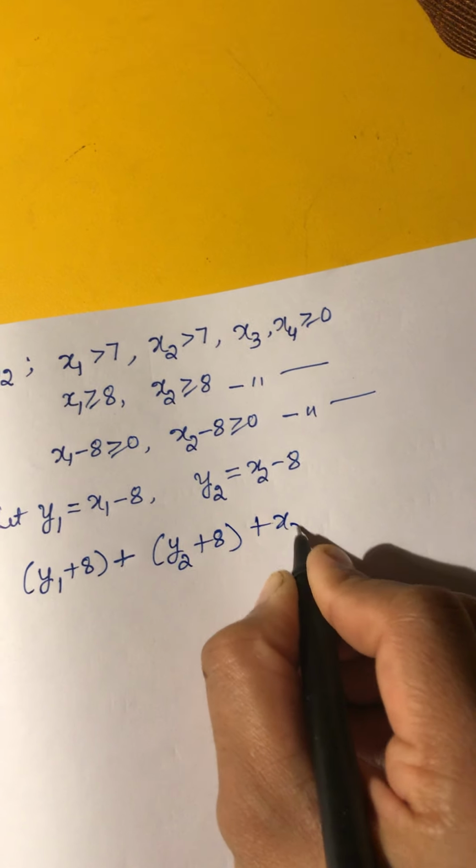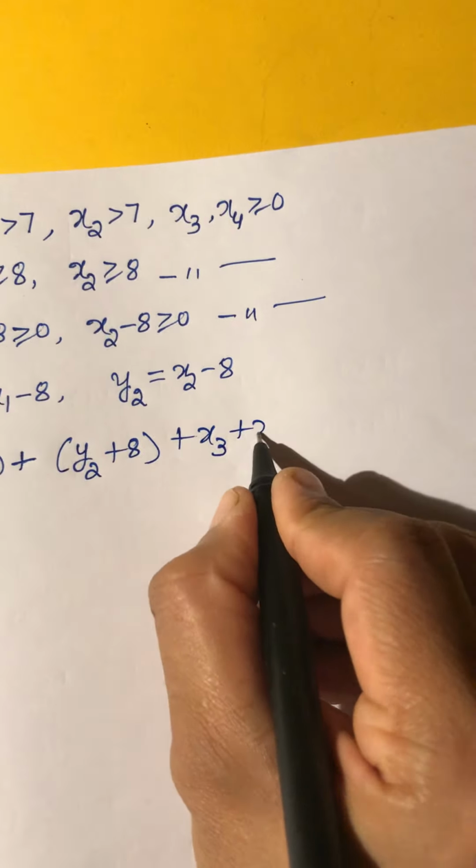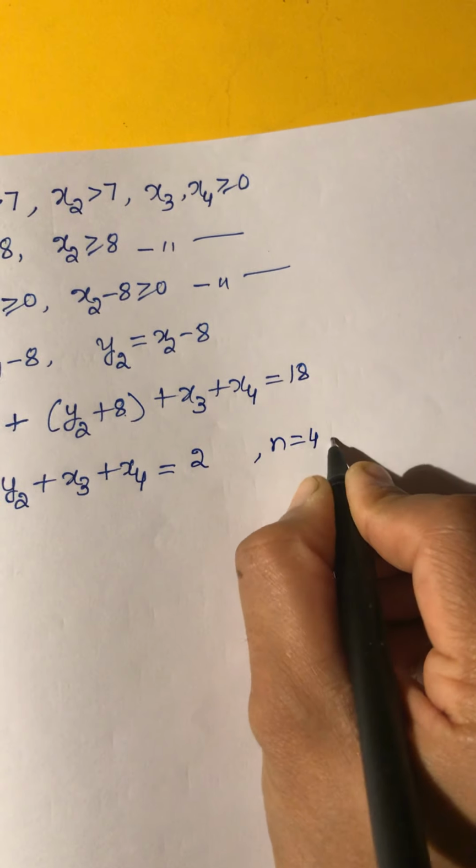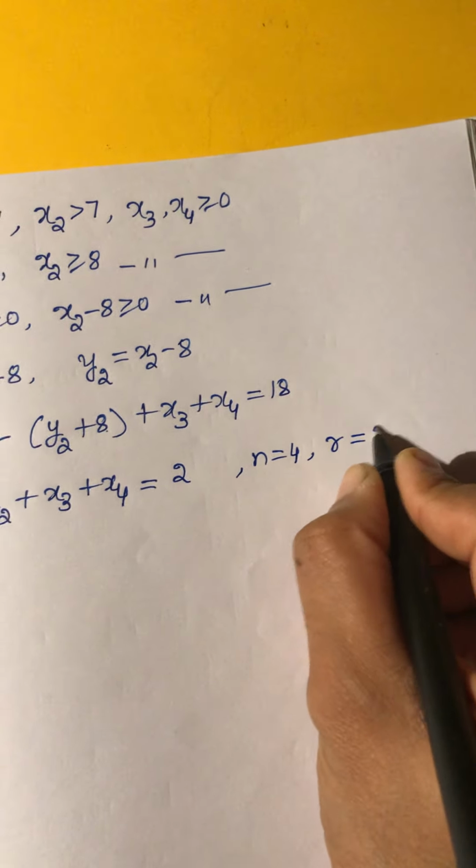Next we have x3, then x4, is equal to 18. Okay. So if we solve the equation, we get y1 plus y2 plus x3 plus x4 is equal to 18 minus 16. Take 16 to the RHS, we have 2. So n value is 4, r value is 2.